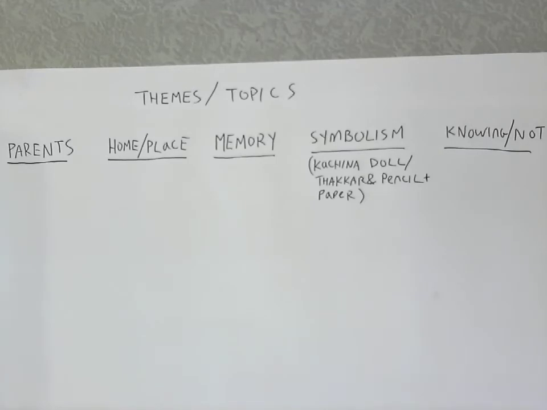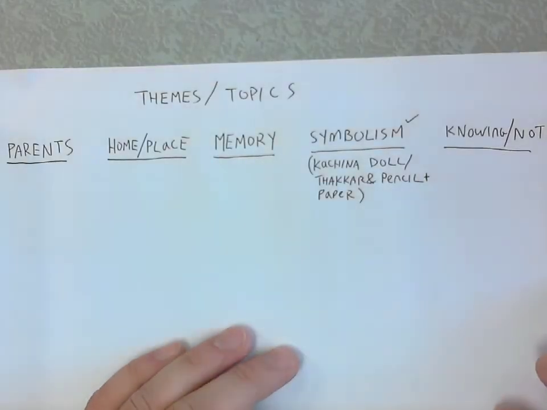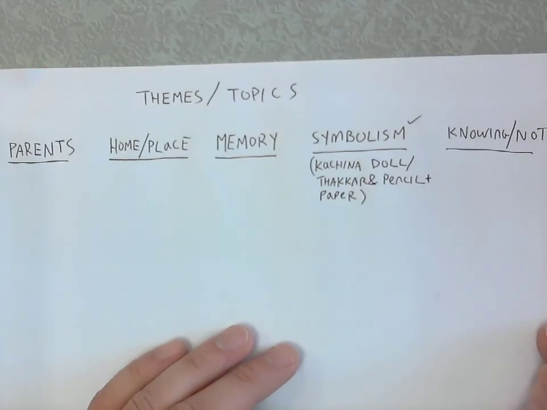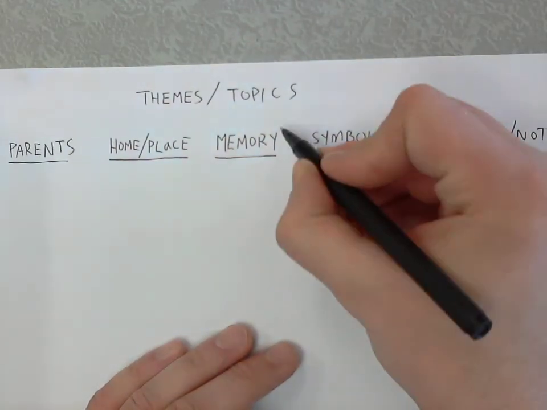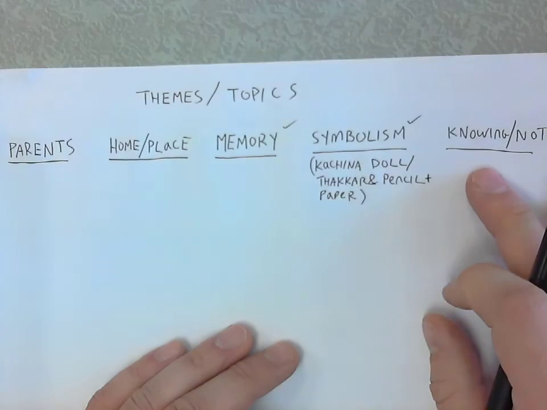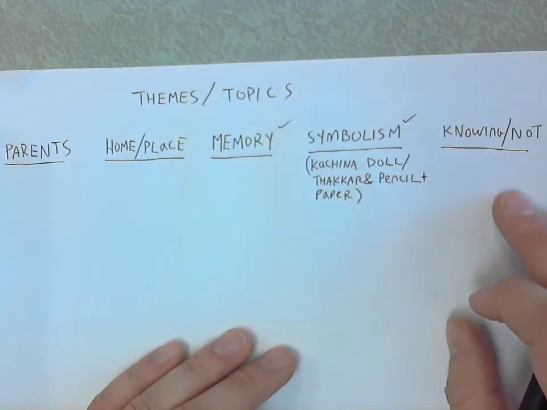All right, so you gentlemen get first dibs. What do you want? Symbolism. Who's next? Back row over here, I guess. Memory? This is probably the hardest one, knowing, not knowing. It's kind of abstract, right?